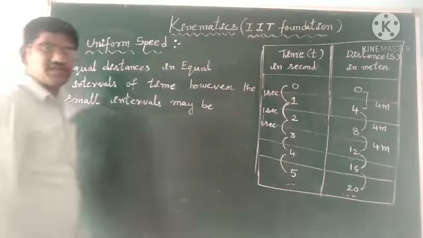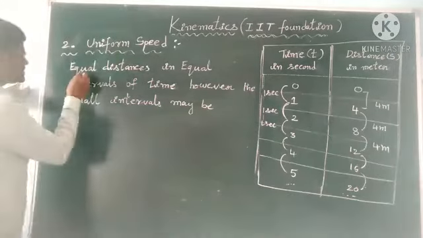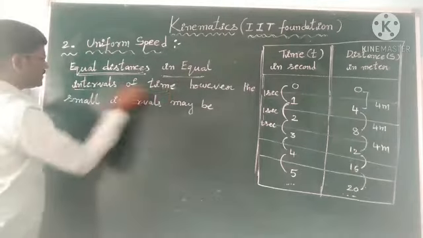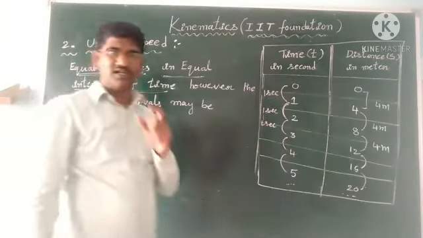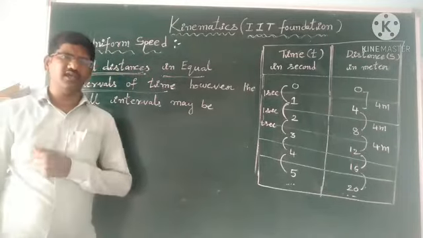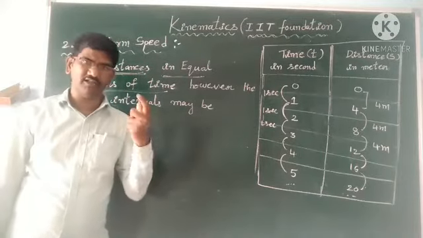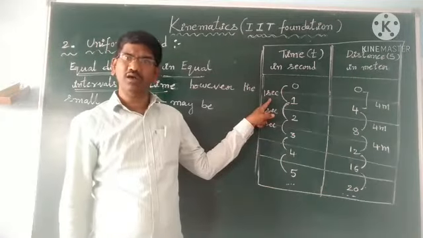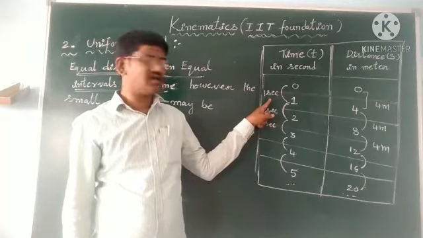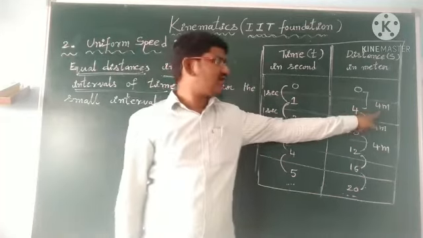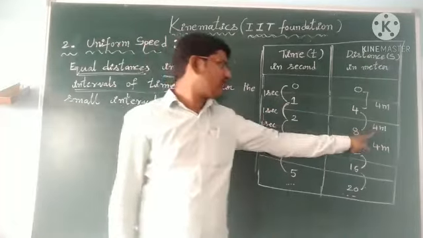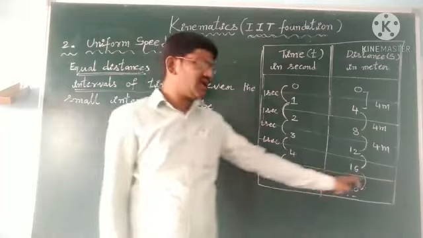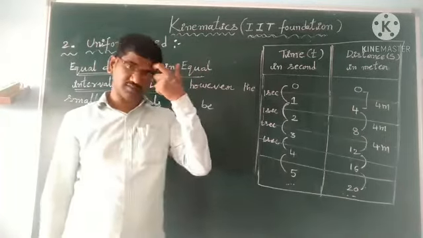So if an object covers equal distances in equal intervals of time, however short the intervals of time, 1 second I have taken here, 1 second he covered 4 meters, next 1 second 4 meters, every 1 second he is covering 4 meters.